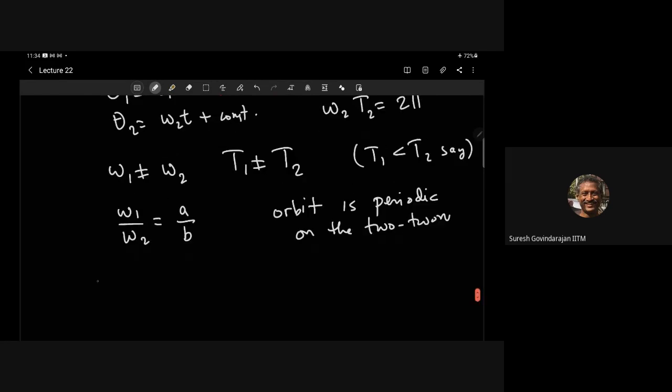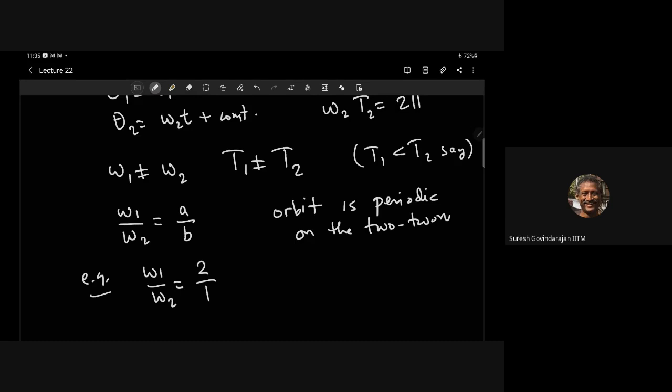Okay, simple case. I'll do case 1, when, for example, omega 1 by omega 2 is half. So that means, let's do it to be 2 by 1, because I want T1. That's rational, right?